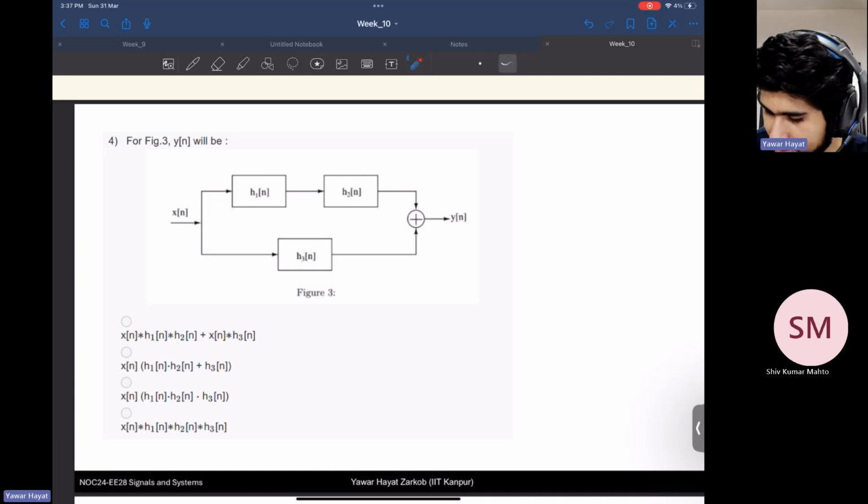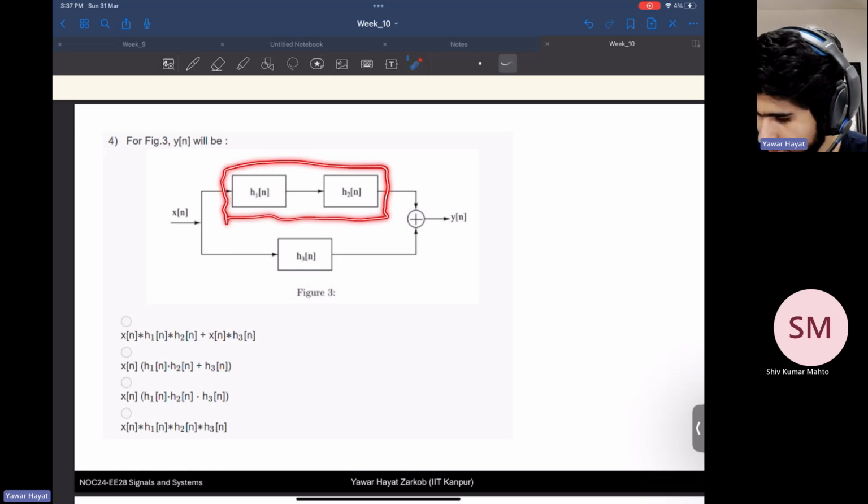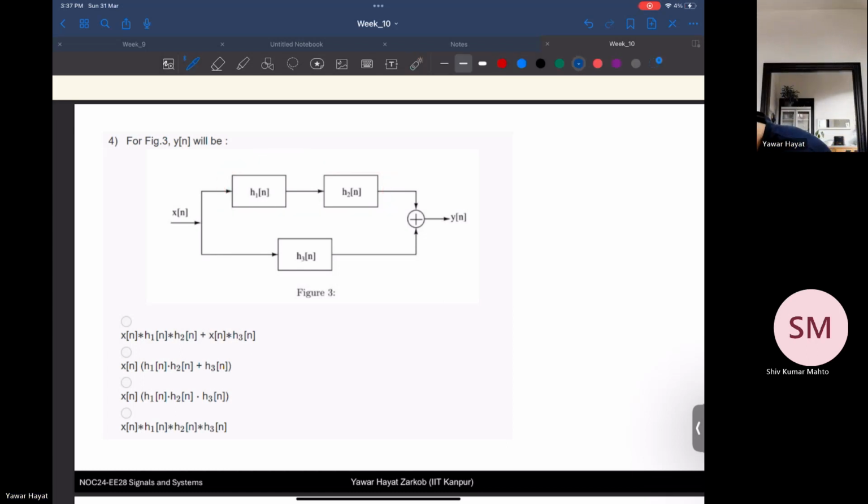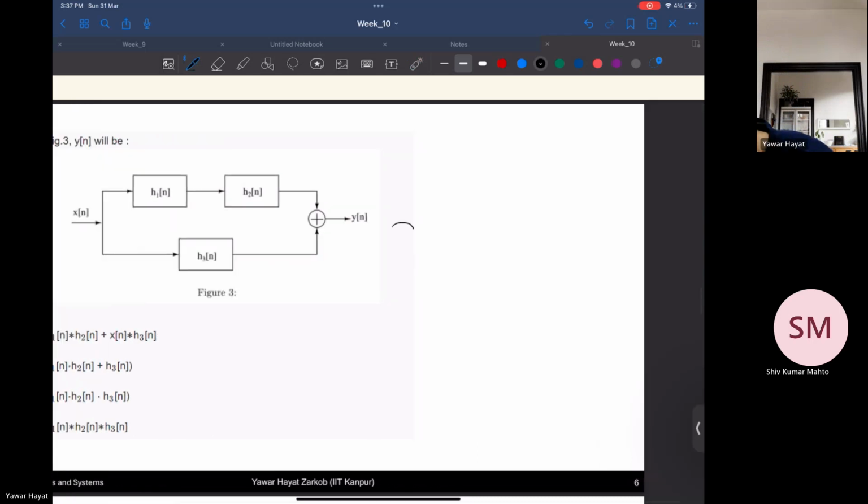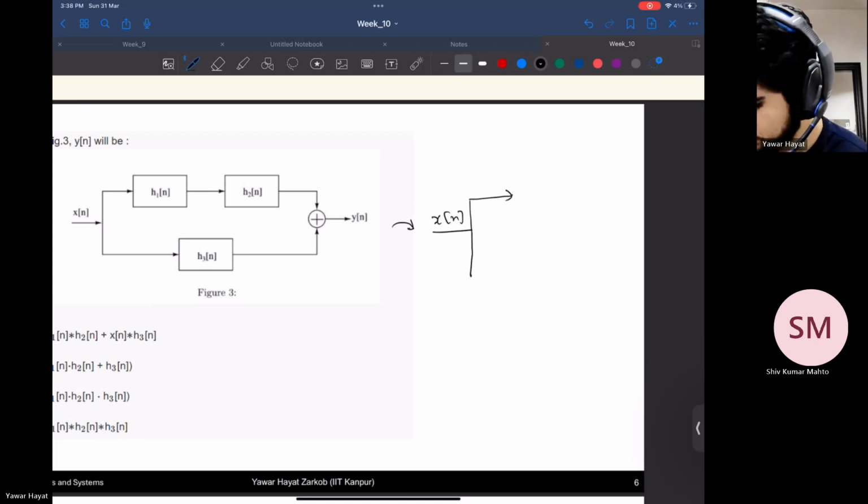To simplify this, we'll first write an expression for this one. h1 of n and h2 of n are in cascade, right?